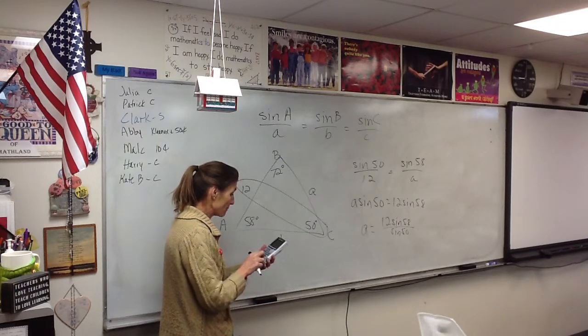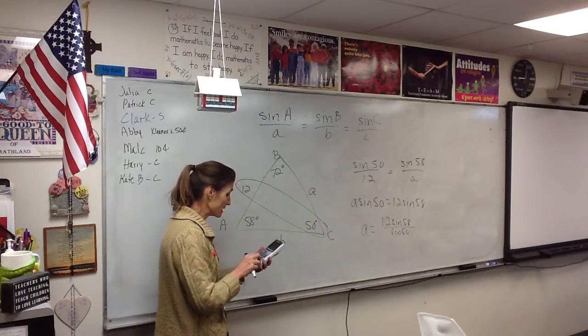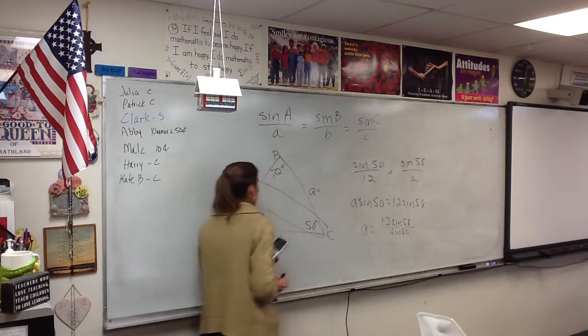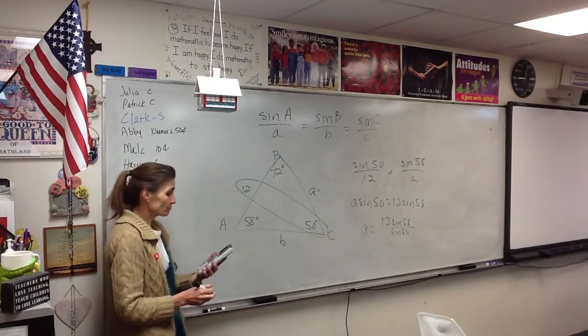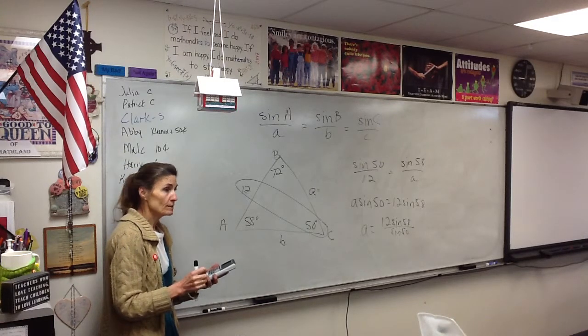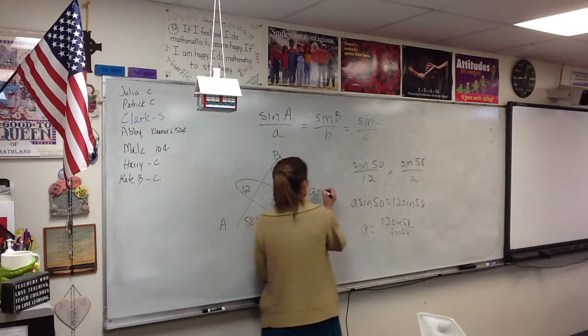So if we're not in the habit of bringing our calculators, make sure you're set in degrees. And what did you get for side A? Nearest hundredth. Side A? 13.28.